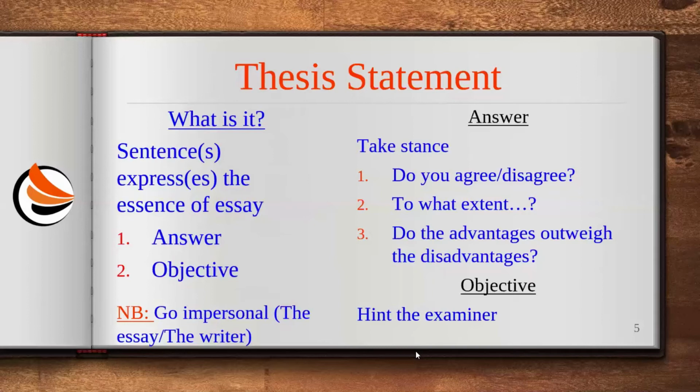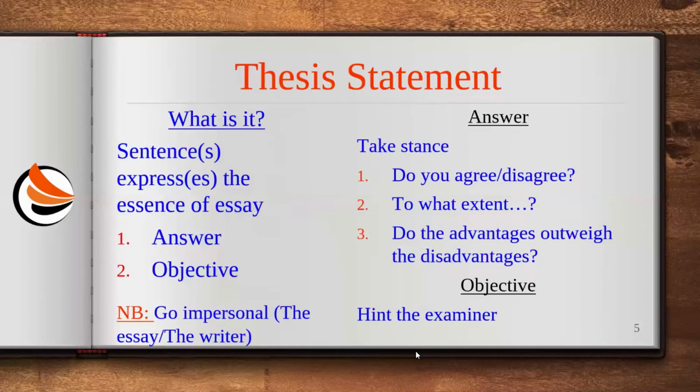Then the second part of a thesis statement, which is the objective, is always there for every IELTS Task 2 essay that you write. At this point, you are giving the examiner a cue as to what the essay will be doing.